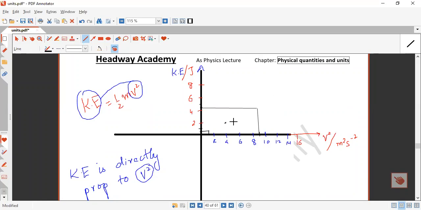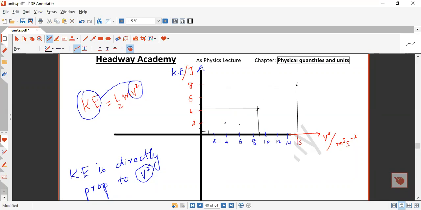So here is our third point. Now when the velocity square was 16, like here, then the kinetic energy was 8. So it's gonna be looking like this, and then this, right? So here we have the points.